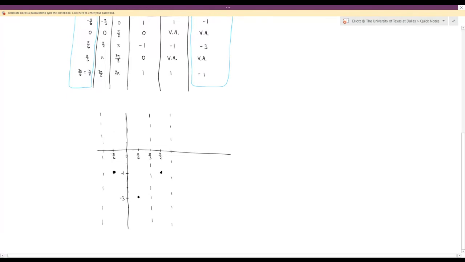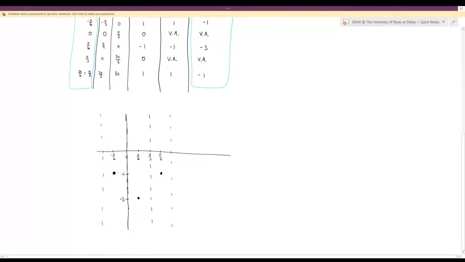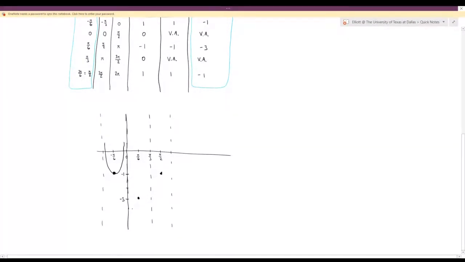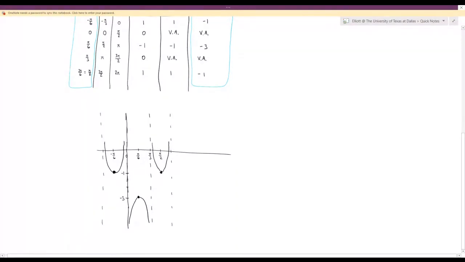So I'm just going to kind of draw something like that in this picture. And then here it'll be opening down. And up here it should be opening up again. So it should be something like that.